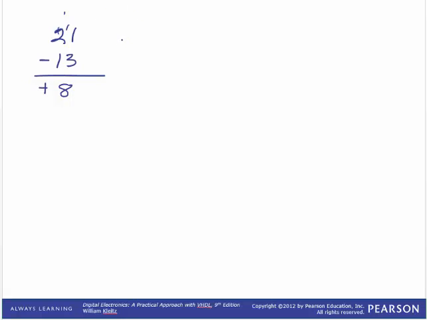So 21 is 1, 0, 1, 0, 1. That should be 21: 16 plus 4 is 20, plus 1 is 21. Yes. And what we really have to do is 21 plus negative 13. And that's the math that we really have to do.